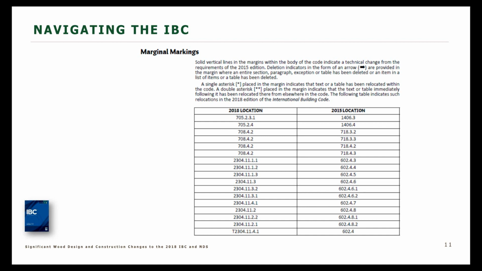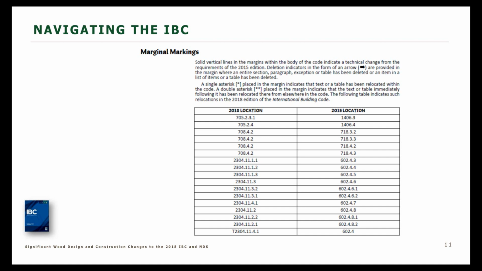A single asterisk means that something that was in the code at that location has been moved to another area in the code. And a double asterisk means whatever text or table immediately following has been relocated to that location. So it was once in another area of the code and now is located where the double asterisks are.